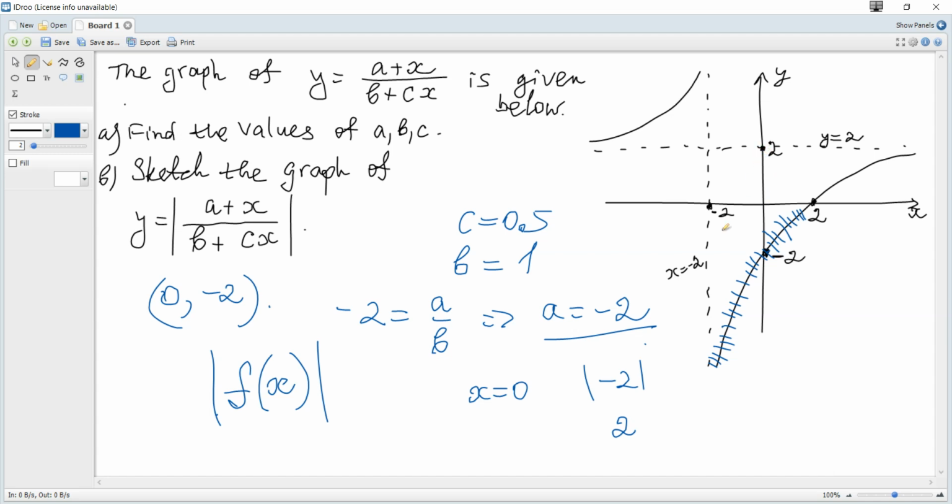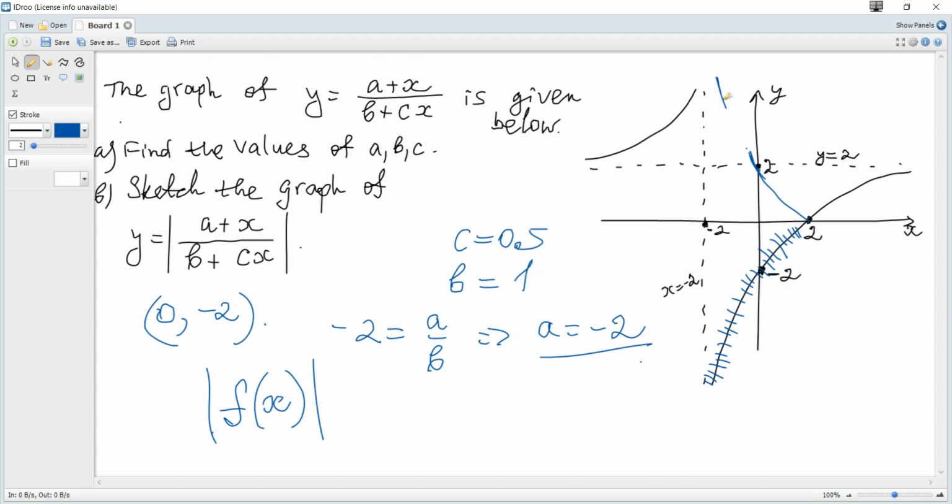So we reflect this deleted part about the x-axis, and it's because all negative y values become positive, and it is going through plus 2 and also tends to plus infinity, and other parts remain.